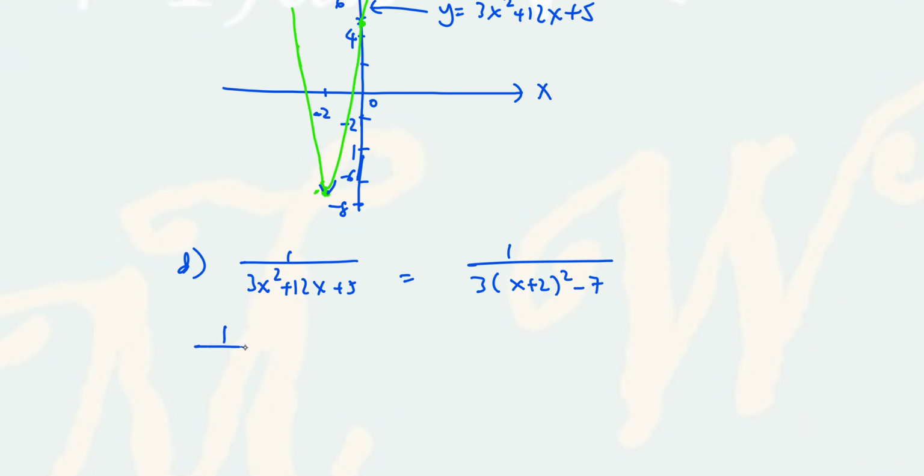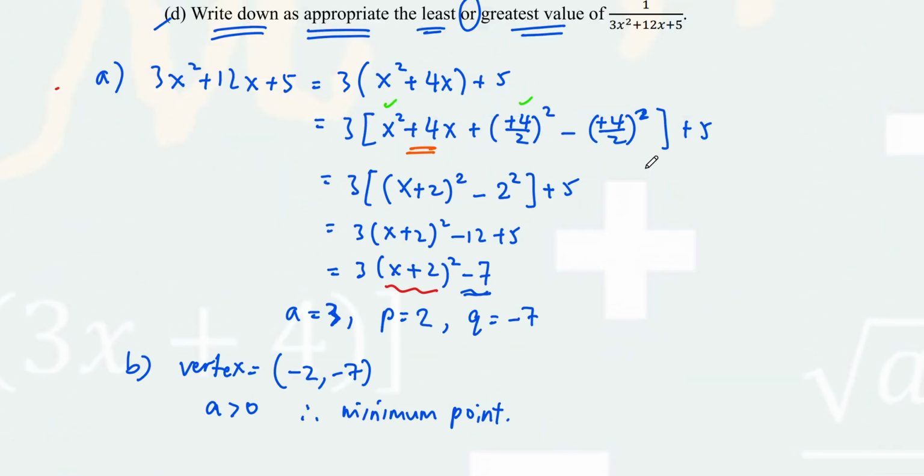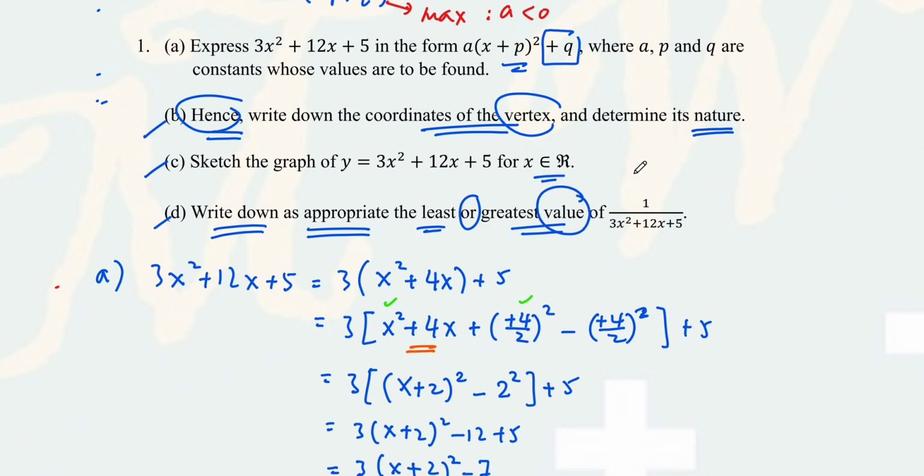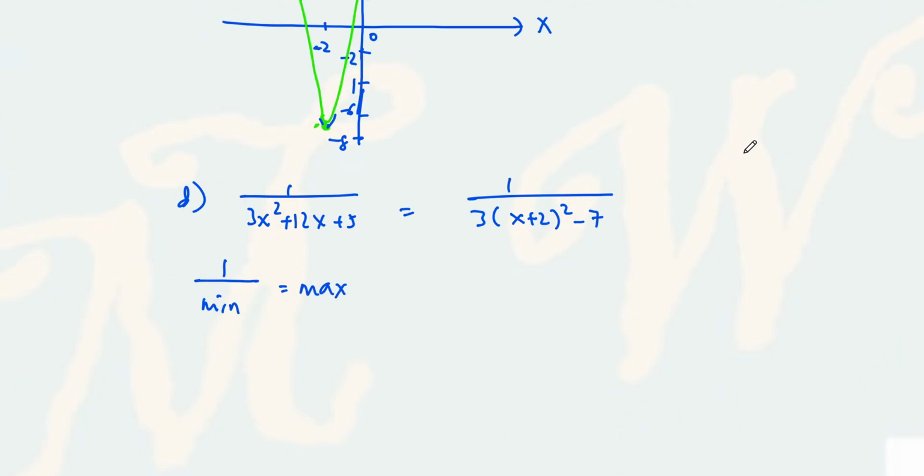So we know that 1 divided by minimum is going to be maximum. Okay, so when maximum, the question asking for value. See, value. Value is actually the y coordinate. Alright, I need to know what is the value, means the y coordinates of the graph. So from here I will just write the greatest.